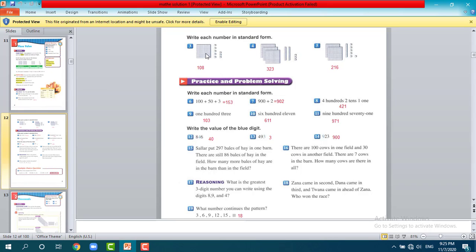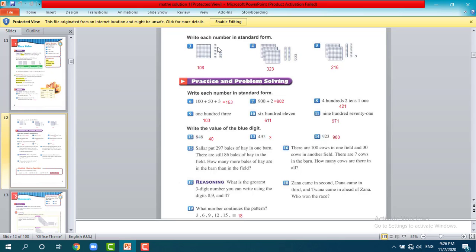Now in equation 3 we have, as you can see students, one square, and it means 100. Then we write 1 in hundreds. After, we don't have any column, and columns mean tens, and we don't have any columns, then we write 0 in tens.